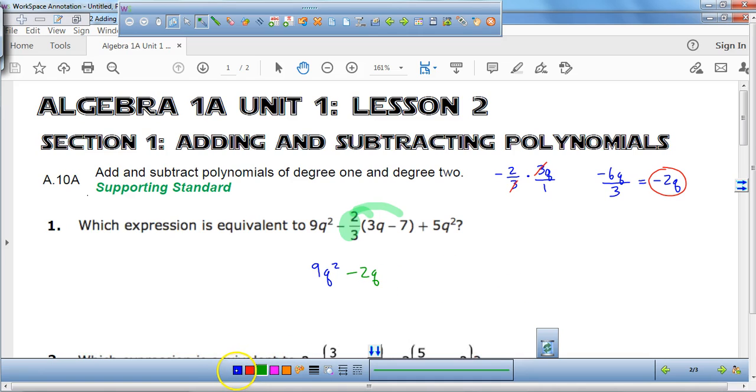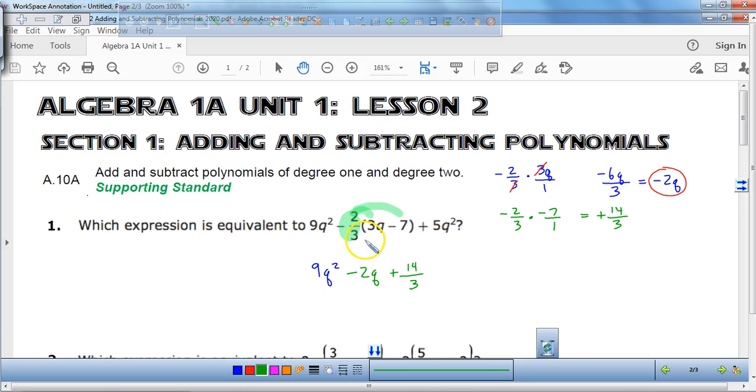Now, the next thing I'm going to do is take negative 2/3 and multiply it by negative 7. So I have negative 2/3 times negative 7. I'm putting negative 7 over 1. Once again, a negative times a negative will equal a positive, and 2 times 7 is 14, and 3 times 1 is 3, but 3 does not go into 14, so I literally have to write plus 14 over 3.